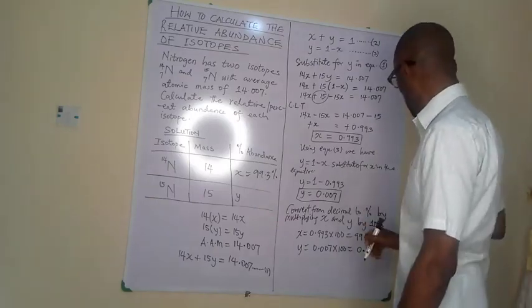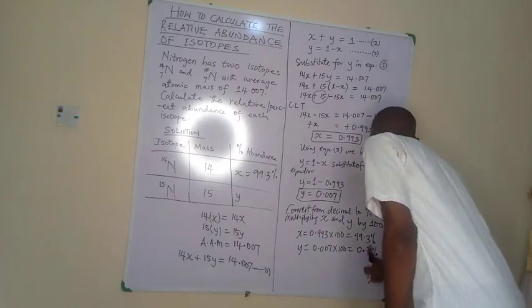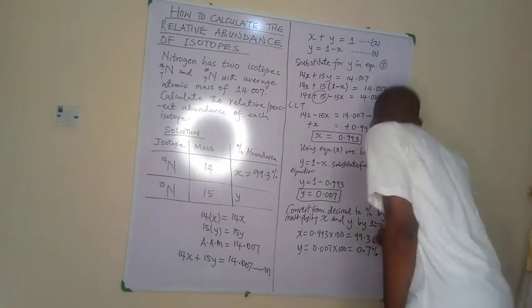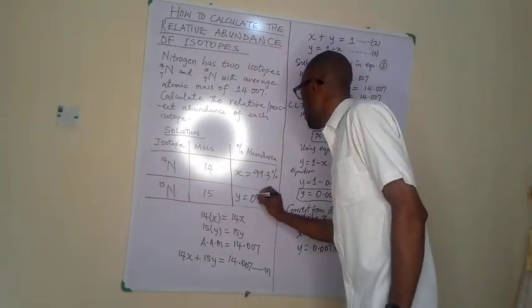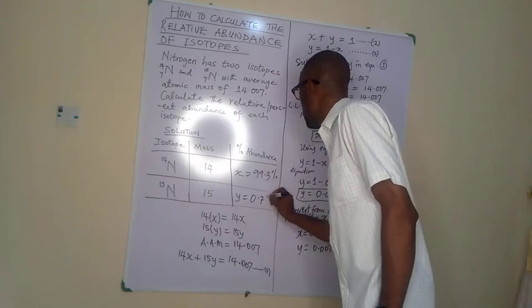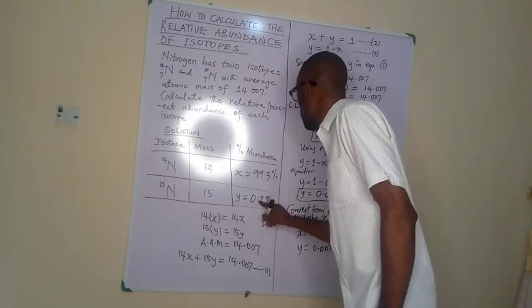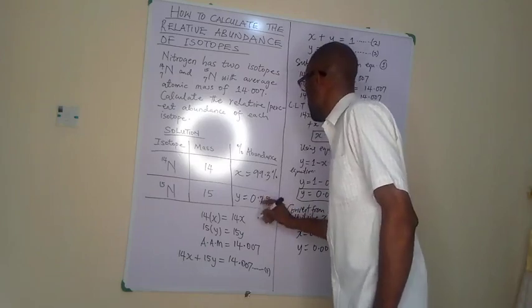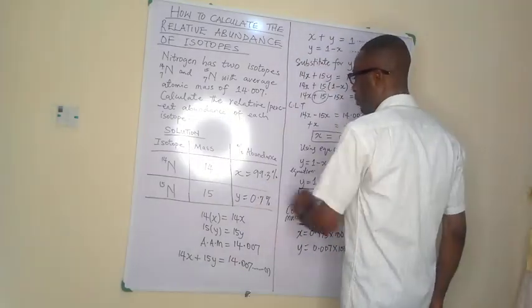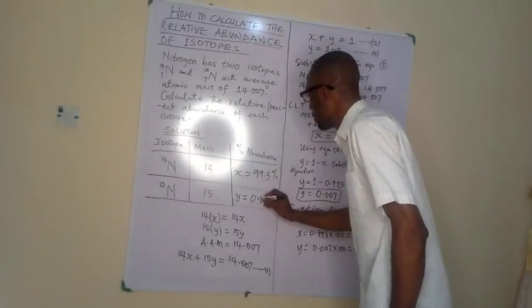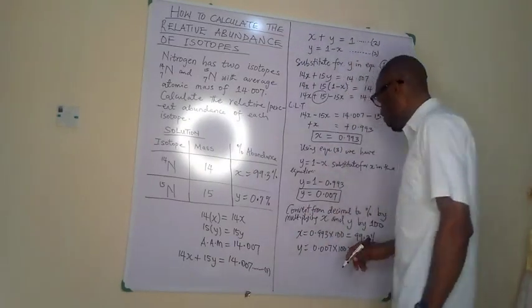You see, if you add 99.3 to 0.7, both of them amount to 100.